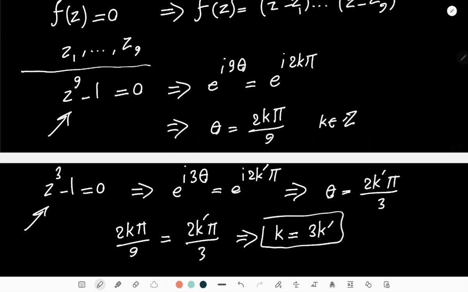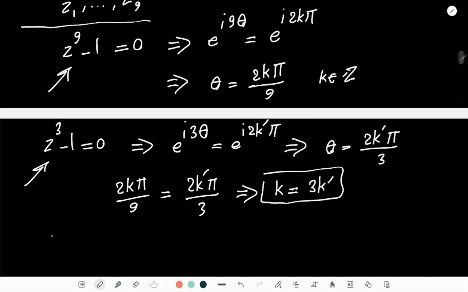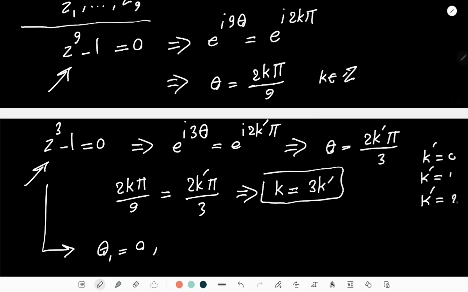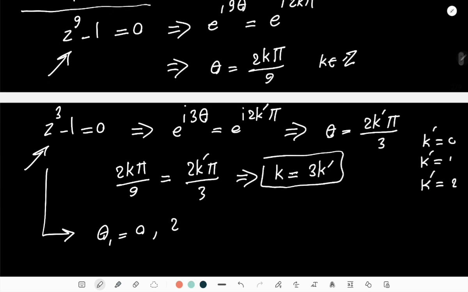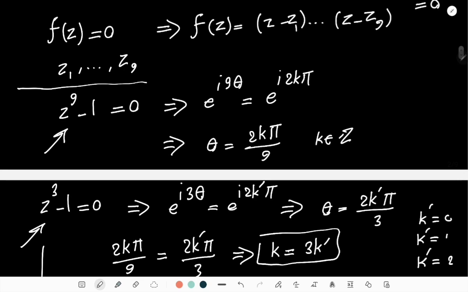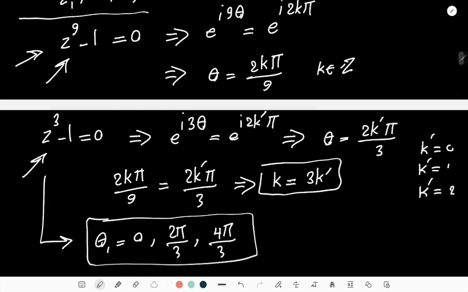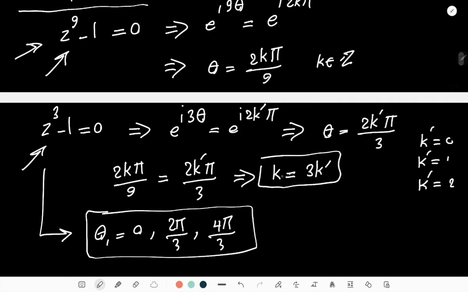So the roots of the denominator here will be theta 1 is 0, and if you put k prime 0, k prime 1 and k prime 2, then you get 0, 2 pi over 3, and also 4 pi over 3. So these cannot exist in the numerator equation here. And I know that at those k's where I have k equals 3k prime, I have to cancel those k's.